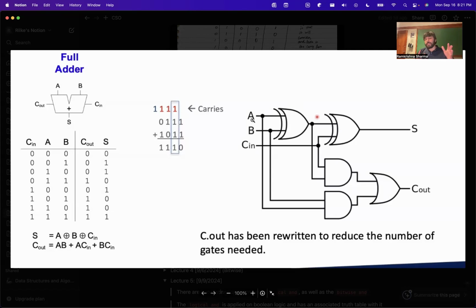But then take the C in and also compute the exclusive OR between the result of the exclusive OR of A and B and C in. So you actually need a completely other gate in order to do this, right? Because you're doing A and B first, then you do C in. So first you compute A and B's XOR, then you do C in, the result of that, and C in, then another XOR. That will always breed the sum. And so that's actually why you have two XOR gates here in the full adder circuit.